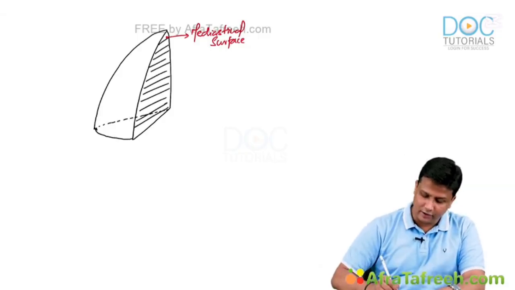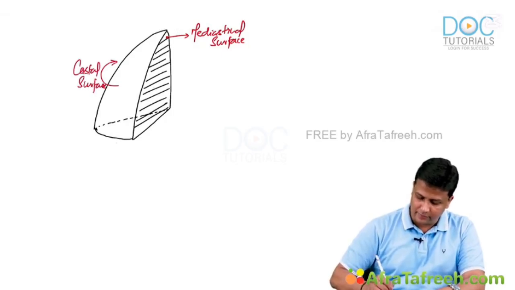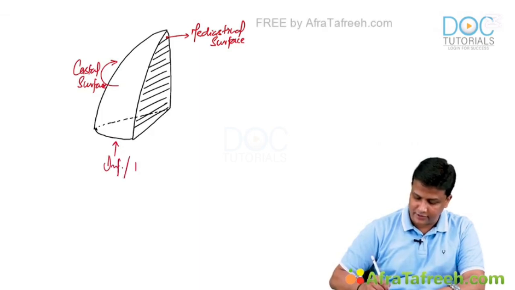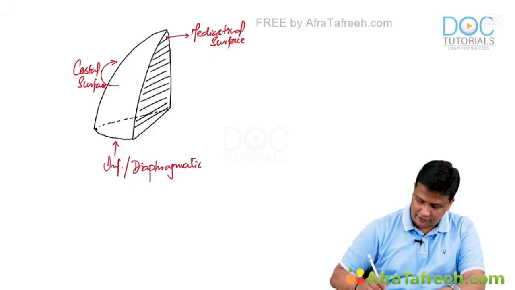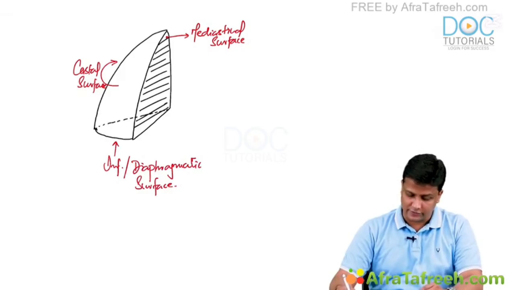Perfect. And this one here will be the costal surface of the lung towards the ribs. And finally, this one here below will be the inferior surface of the lung, or else we can also call it diaphragmatic surface. So, the mediastinal surface, the costal surface and the inferior or diaphragmatic surface of the lung, guys.